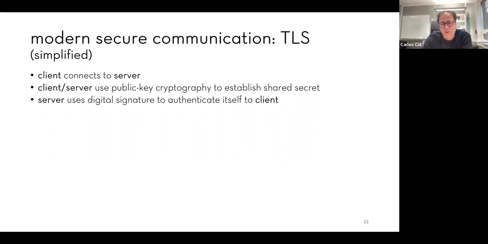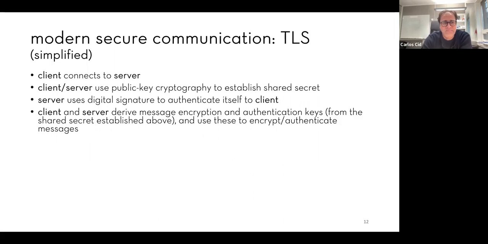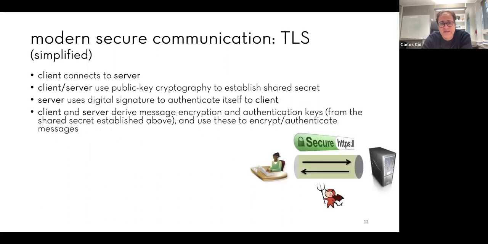Normally only the server does, but you could have protocols in which both parties need to authenticate. Then after they share this secret, they use it to derive keys for encryption and authentication, as we mentioned before in symmetric key, and then use those to encrypt and authenticate messages.